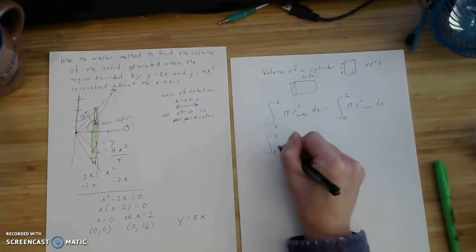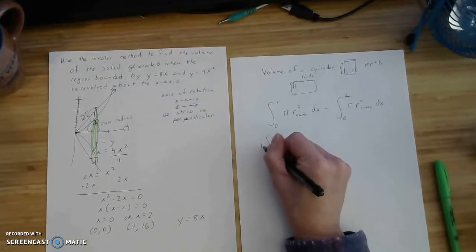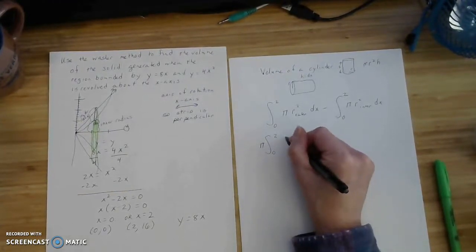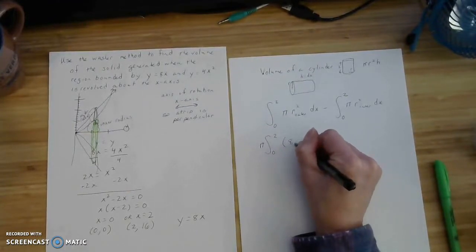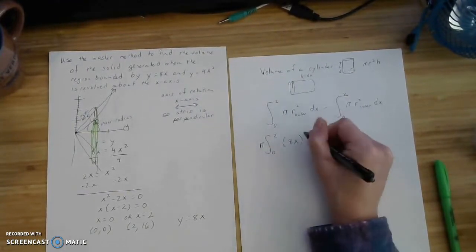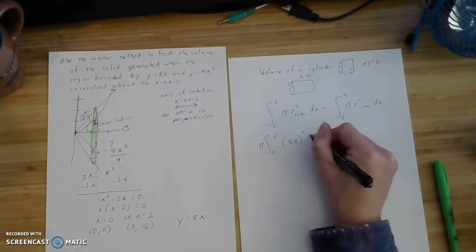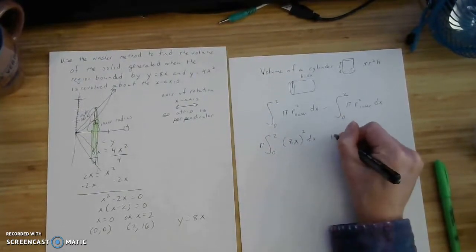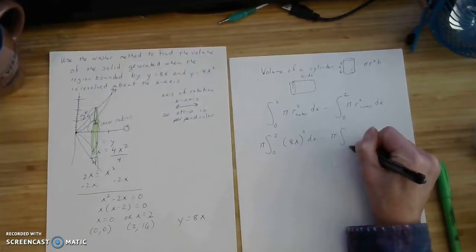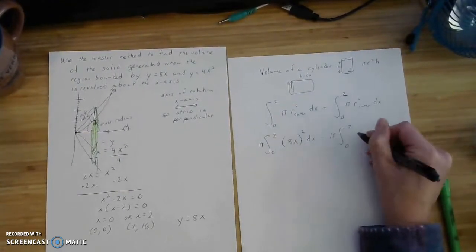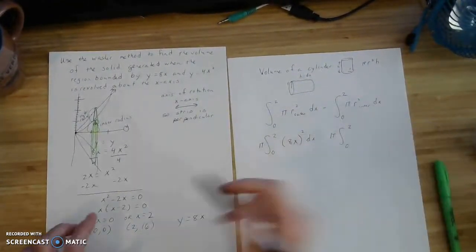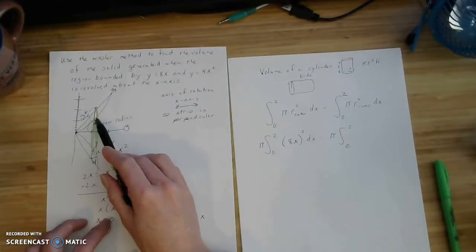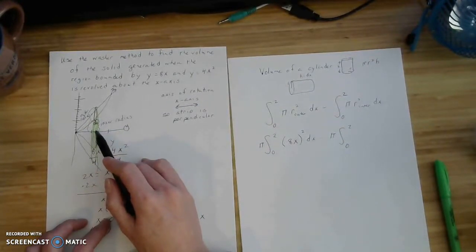Integral from 0 to 2. I can pull the pi outside since it's a constant, and this gives me the radius, the y value, which is (8x) quantity squared dx, minus, again, you can pull out the pi. You could also do it all in one integral. That would be fine. The inner radius is coming from the y value on the parabola down to the x-axis.